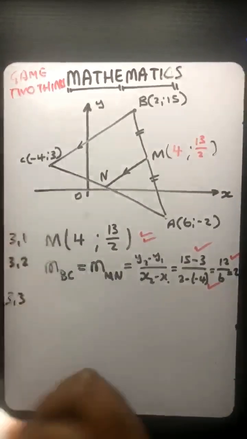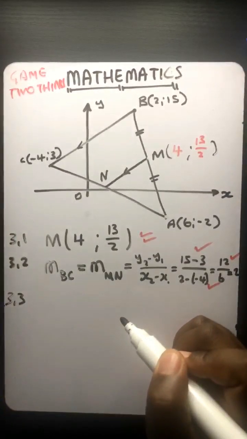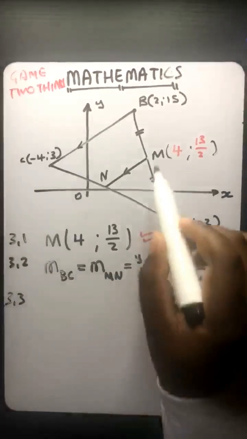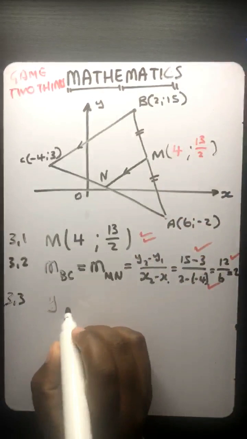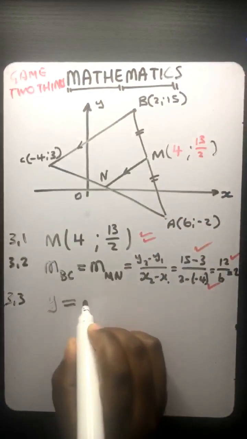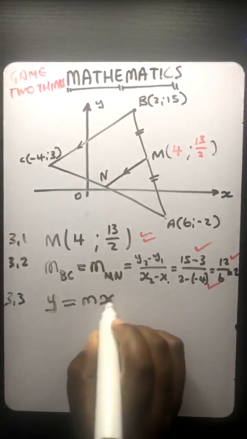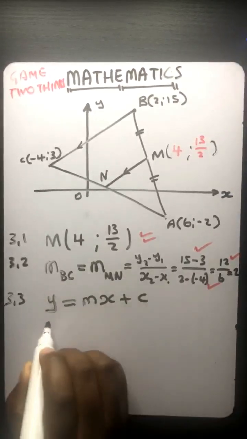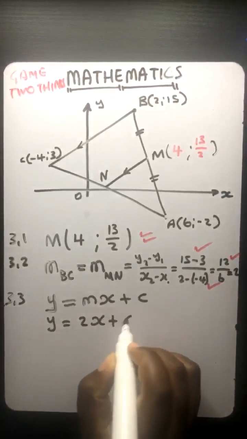Remember we already have our gradient of MN, which is equal to 2. So we are going to say y is equal to 2x plus c. They want it in that form.